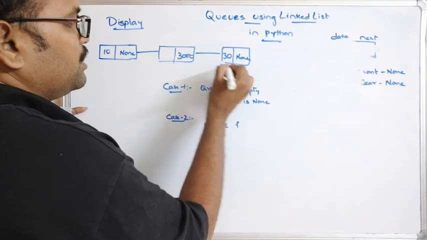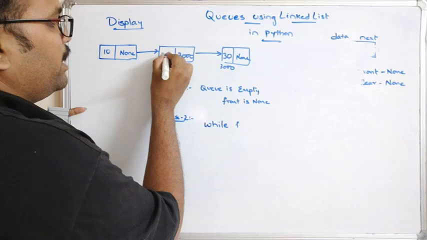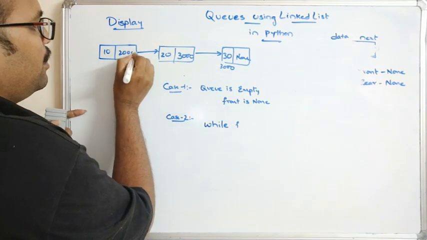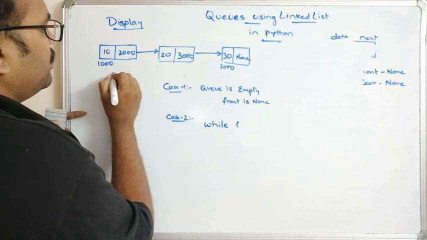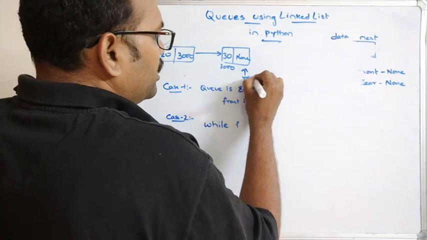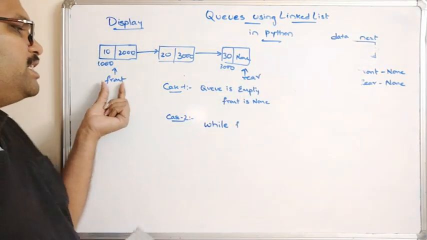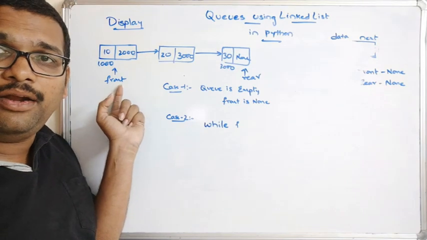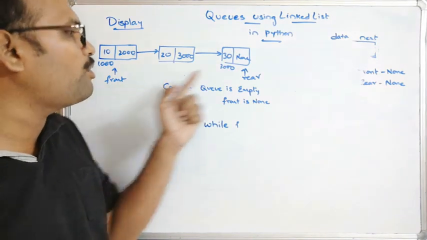The address of this one is 3000 and 20, and here it is 2000, and here it is 1000. This will be the front, and this will be the rear. We should not change the front, but we need to print all the nodes from front to rear.